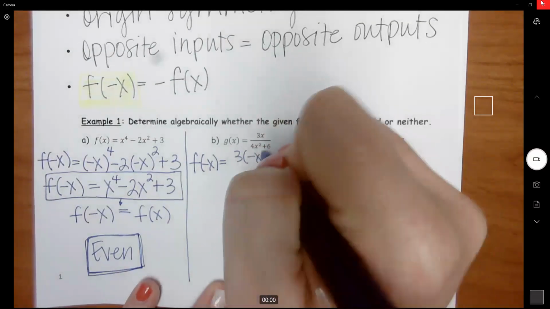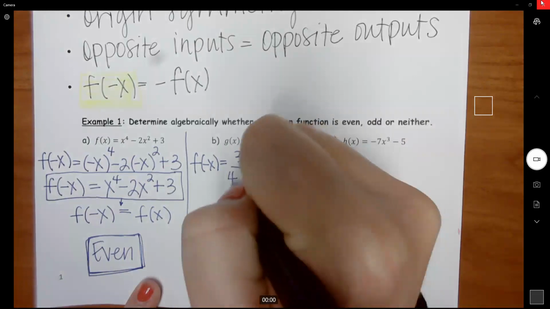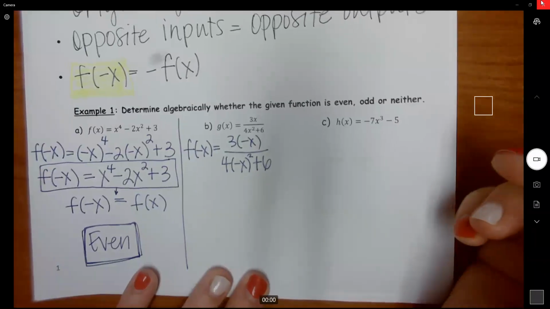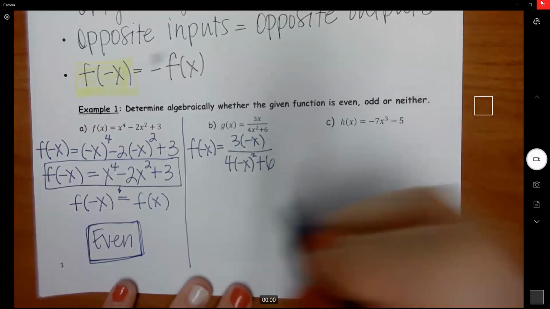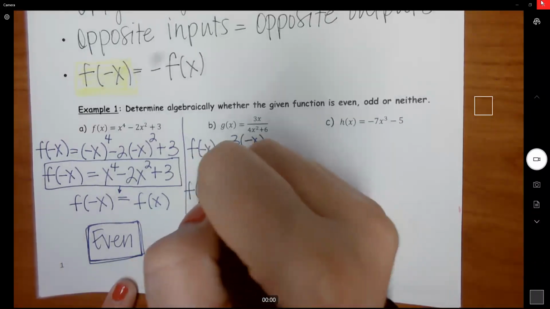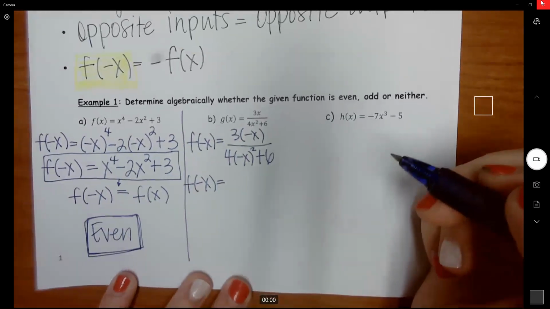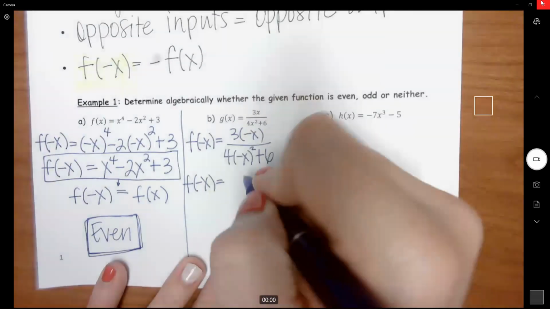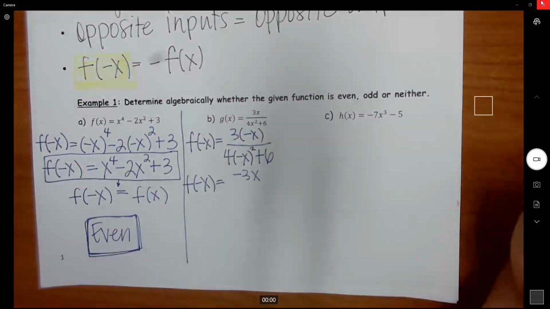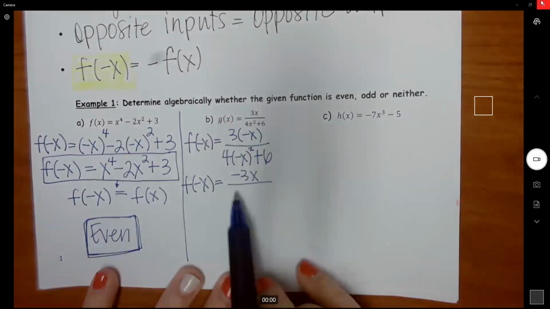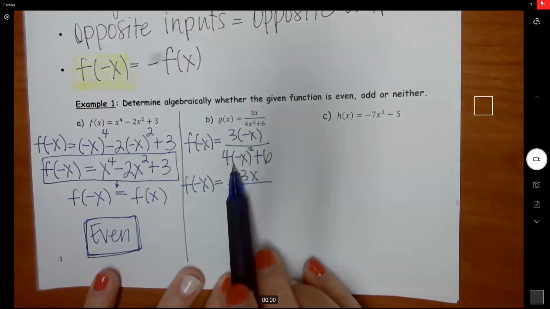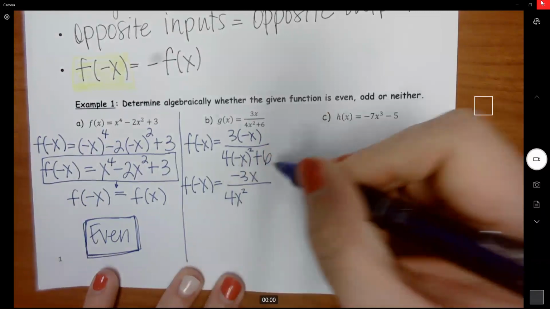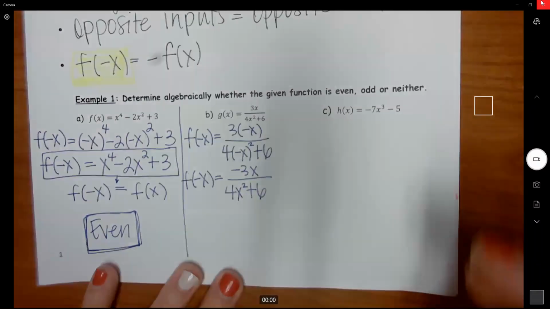So I've got 3 times negative x over 4 times negative x squared plus 6. I'm going to keep simplifying, and by simplifying, I mean I'm just worrying about signs here. Positive 3 times the negative x is negative 3x. Negative x in parentheses squared is positive. Positive times positive is positive. So we got 4x squared, and then bring down your plus 6.